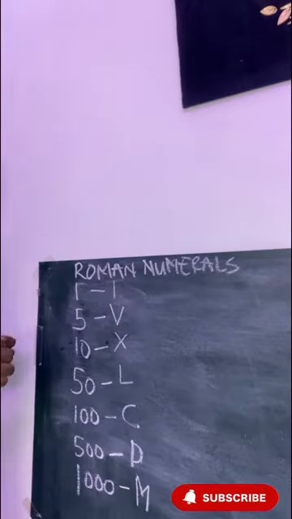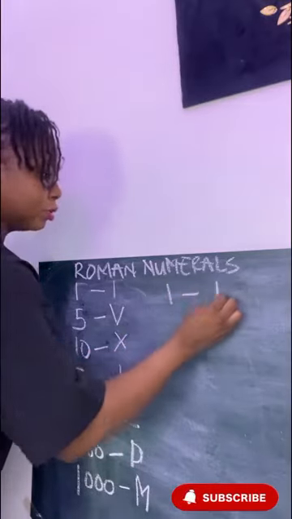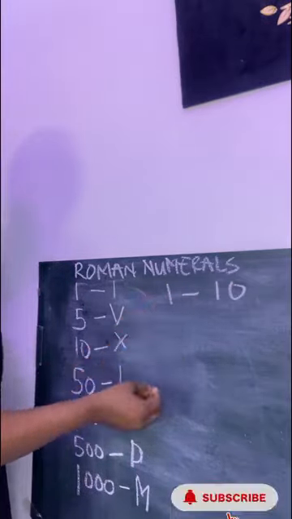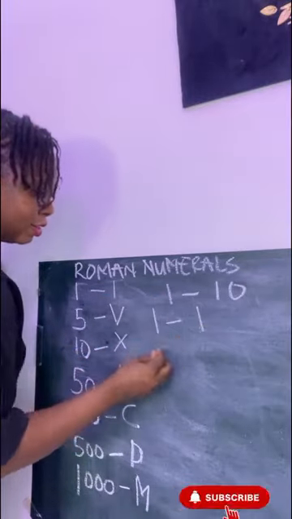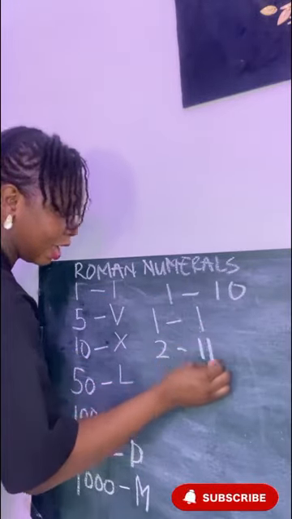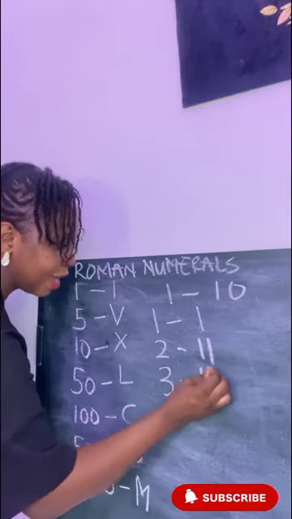I'll be giving some examples right away. So let's write 1 to 10 in Roman numerals. Remember your 1 is I, okay? So 2 is II, that is 1, 1. 3 is what?